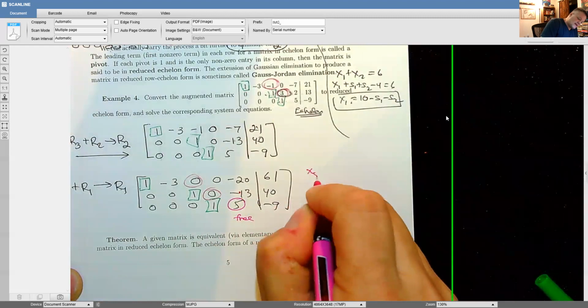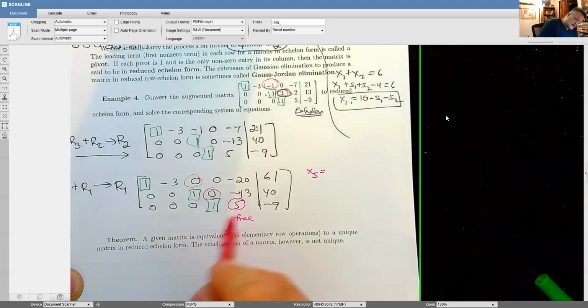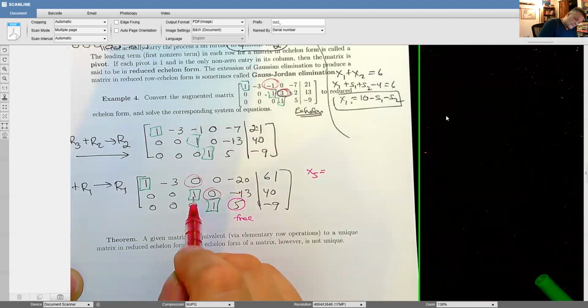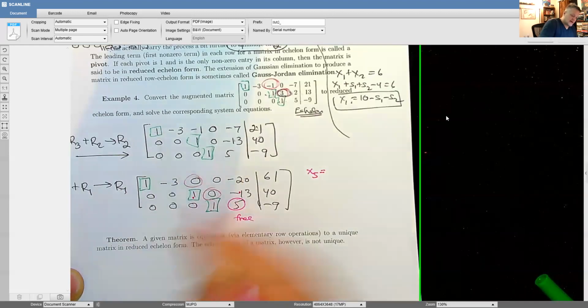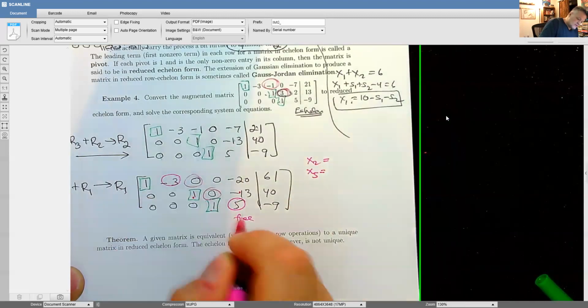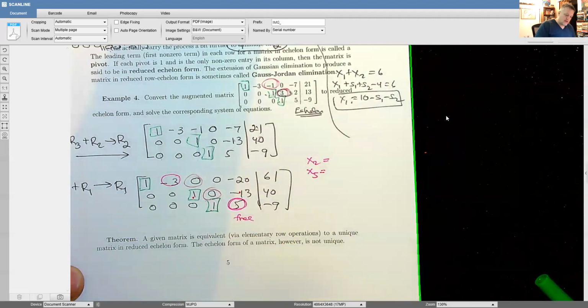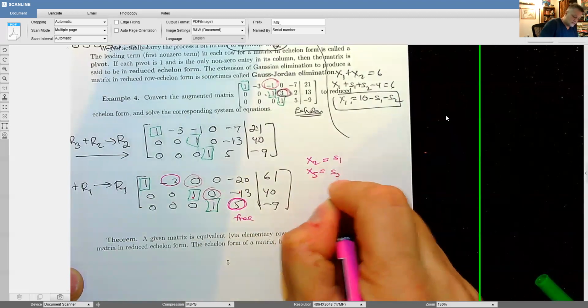So x5 is free. We'll have x5, x4, and x3. When you plug all those up here, we still don't know x2. We have control over it, so that once we control it, we got x1. So there are 2 free variables, x1 and x5. We'll call x2 s1 and x5 s2.